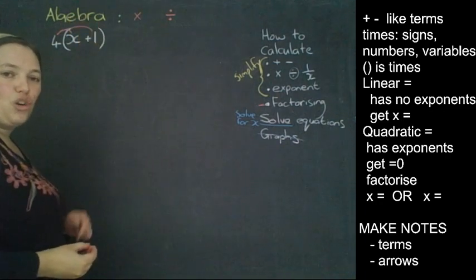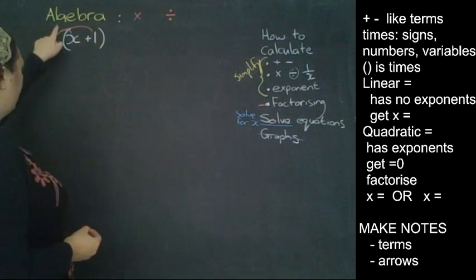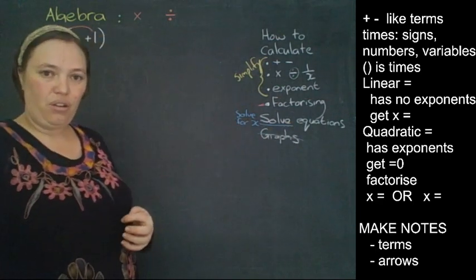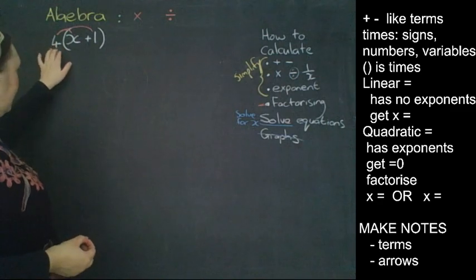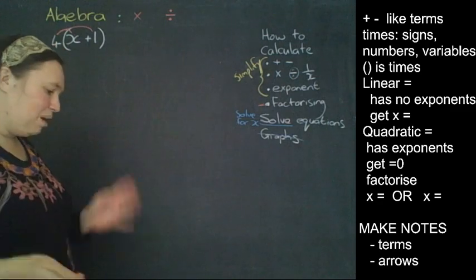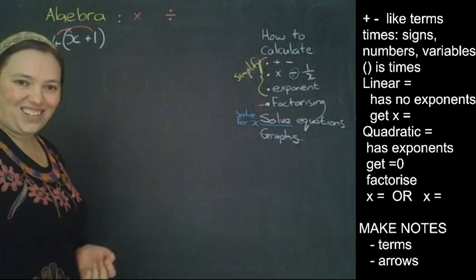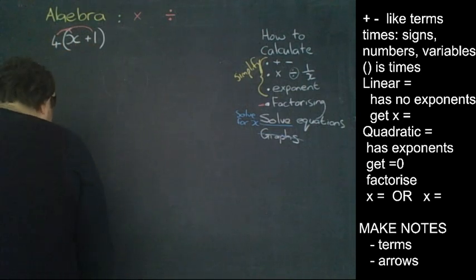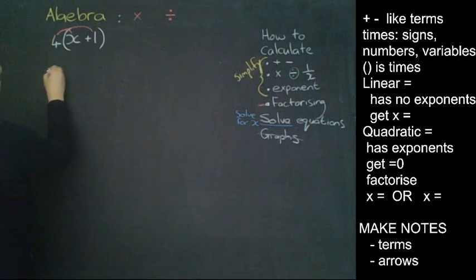So it's called the distributive law, because we're distributing this. Like we go, here's one for you and here's one for you. So we're basically taking lollipops and distributing it between everyone in the class. So the x gets 4 and the 1 gets 4. So that would be equals.